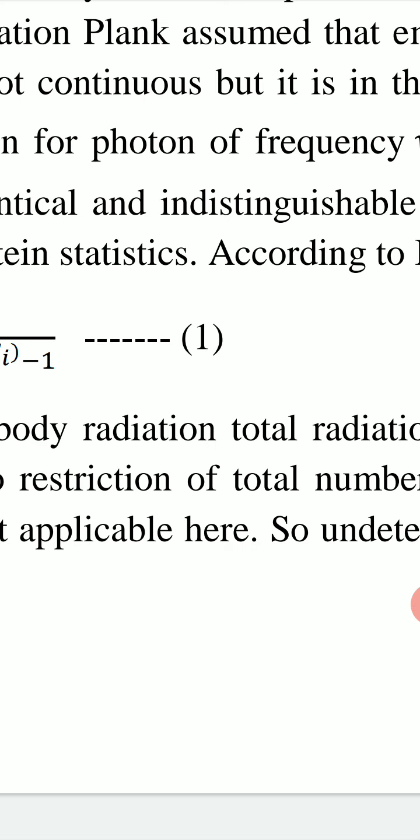So to explain this energy distribution in blackbody radiation, Planck gave the hypothesis of quanta or photon, and he assumed that energy in blackbody radiation is not continuous. It is absorbed or emitted in the form of small bundles known as quanta or photon.